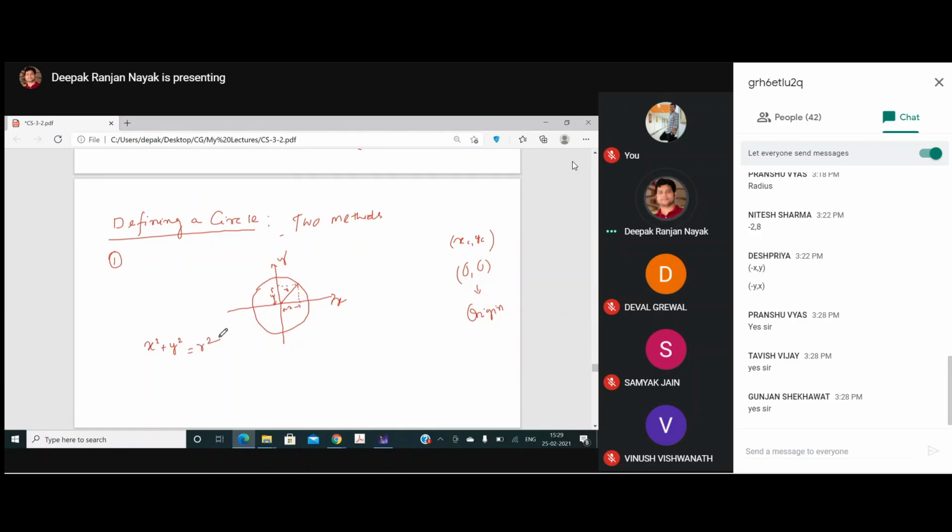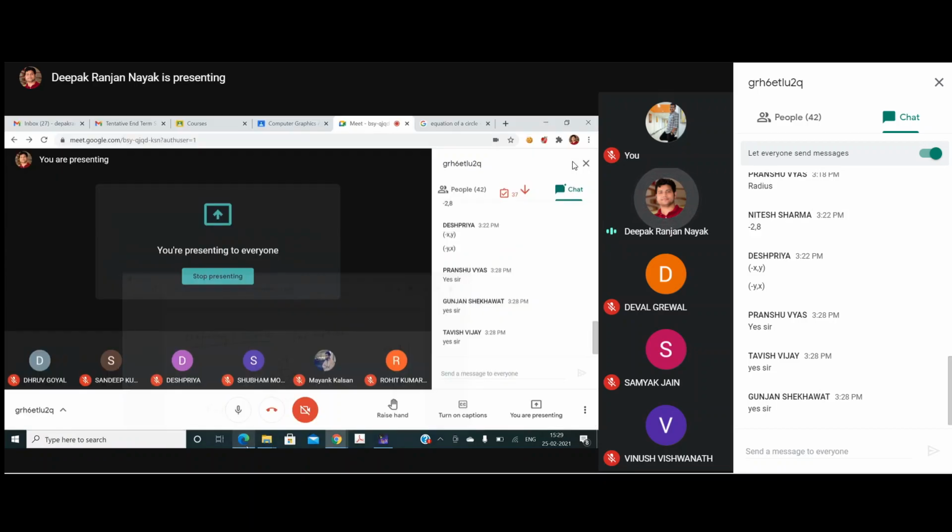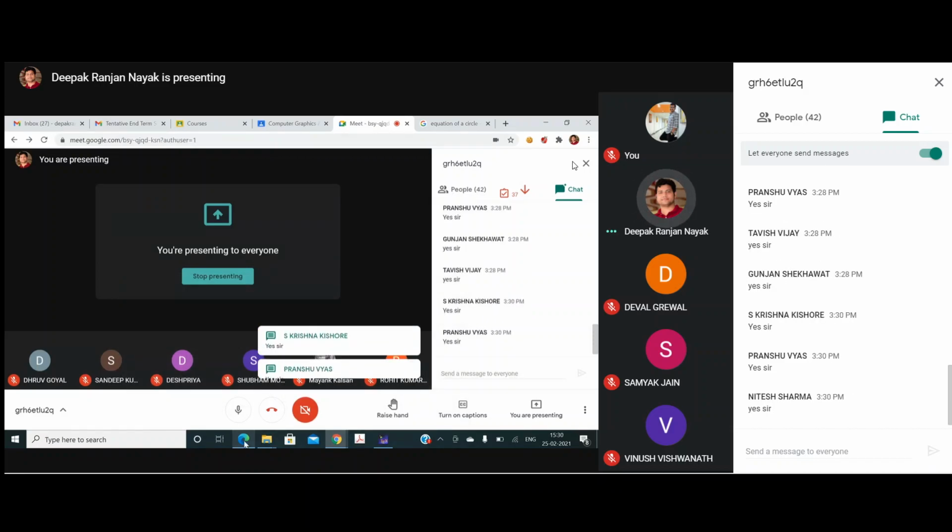Is it correct? As I'm talking about a circle centered at the origin. Is it correct? Okay.